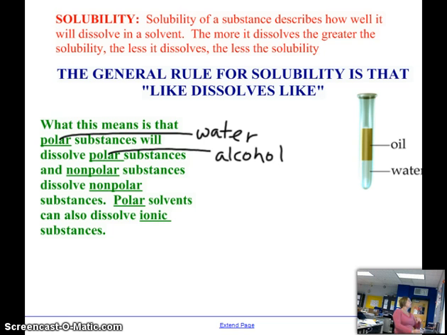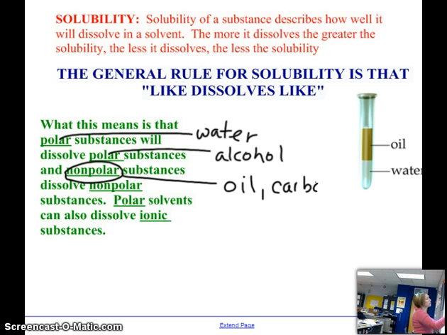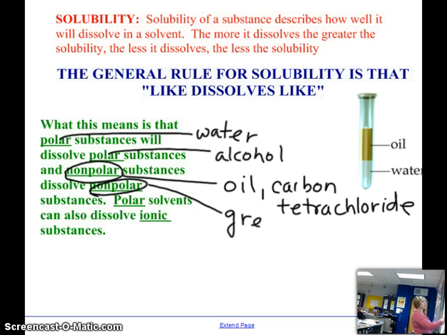But non-polar substances like, say, oil or carbon tetrachloride will dissolve non-polar substances like, say, dirt, grease, other things like that. Carbon dioxide.